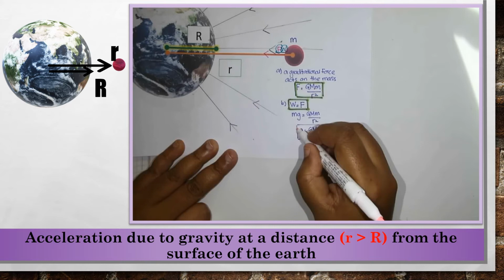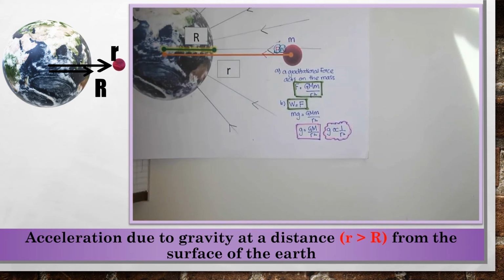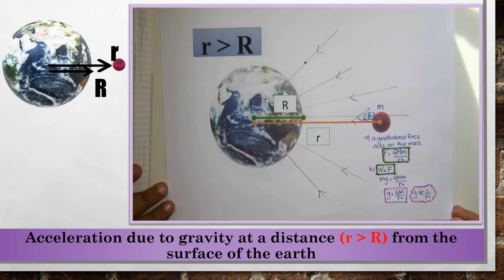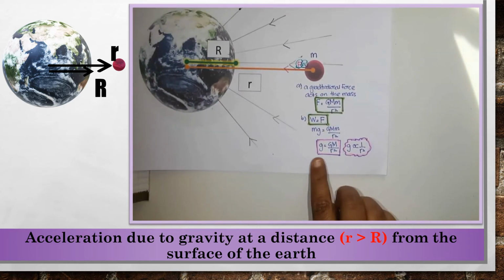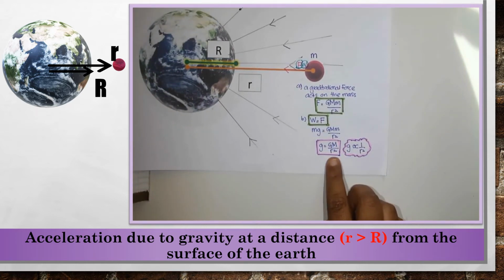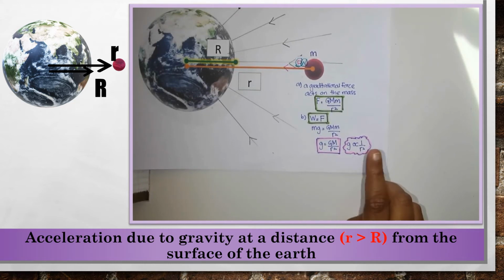This one is also important. So for R greater than capital R, g is GM over R squared. The acceleration due to gravity equals GM over R squared, where g is inversely proportional to R squared.